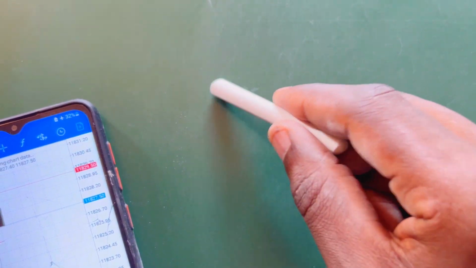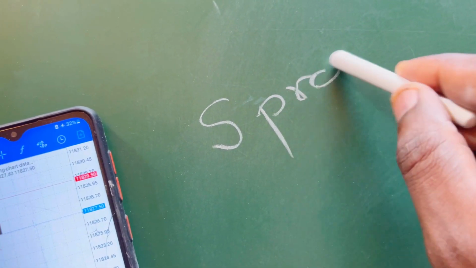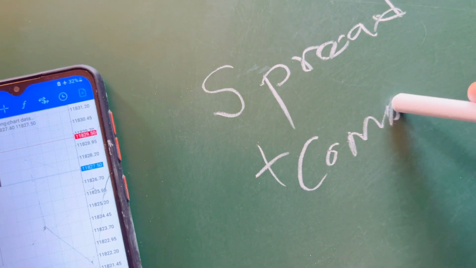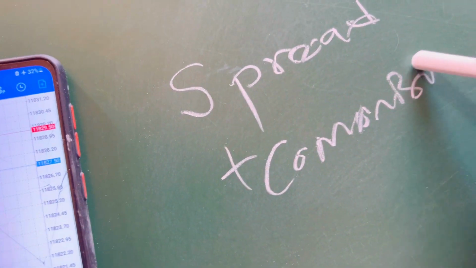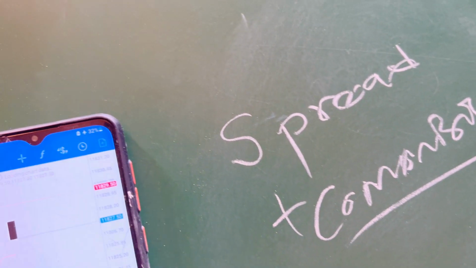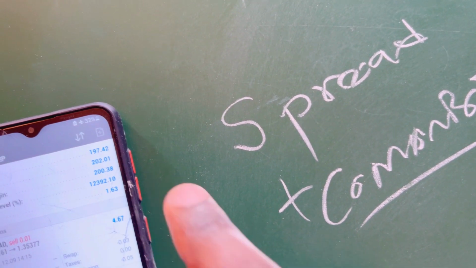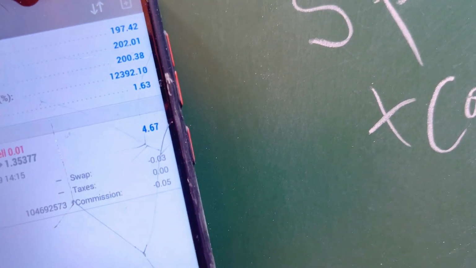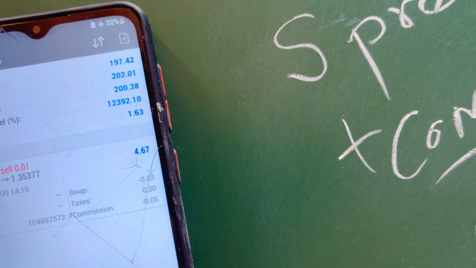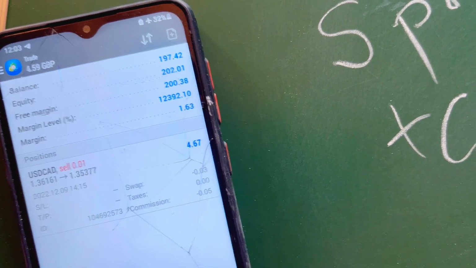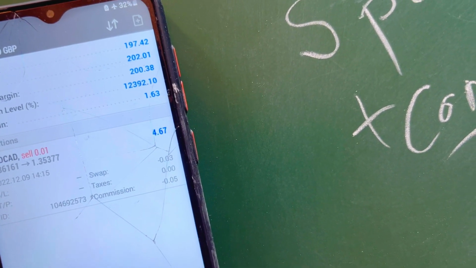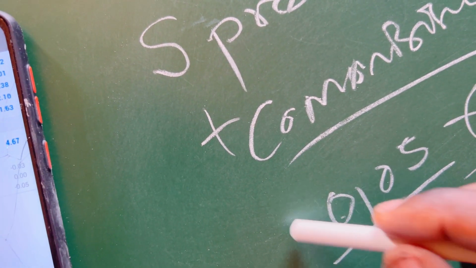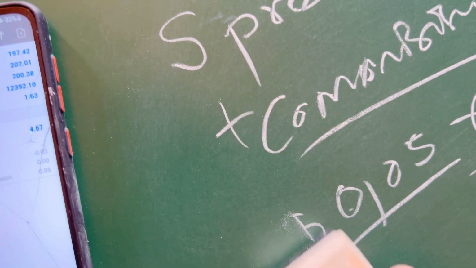Okay, so brokers have spread as a profit, and then they also have what we call commission. If right now you place a trade, you see here I have a commission of 0.05. The commission is in GBP because the account is in GBP, which is actually not dollars.